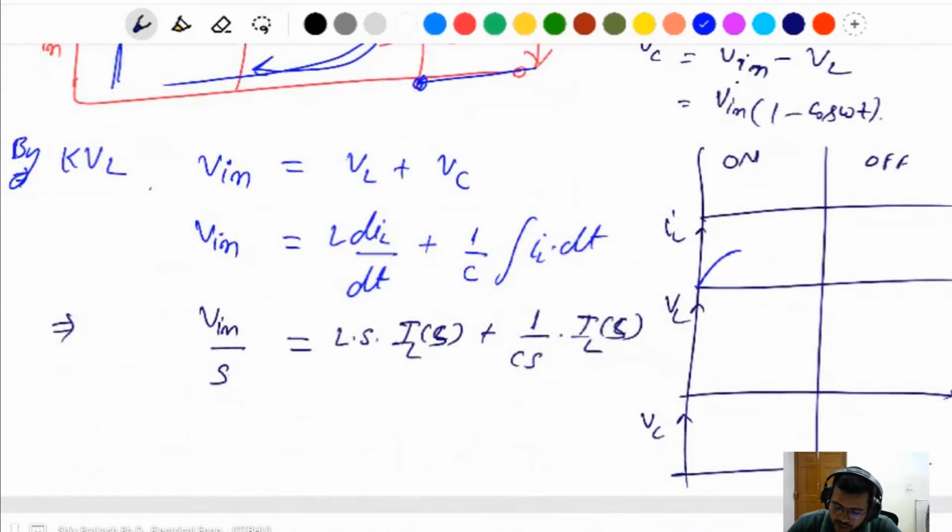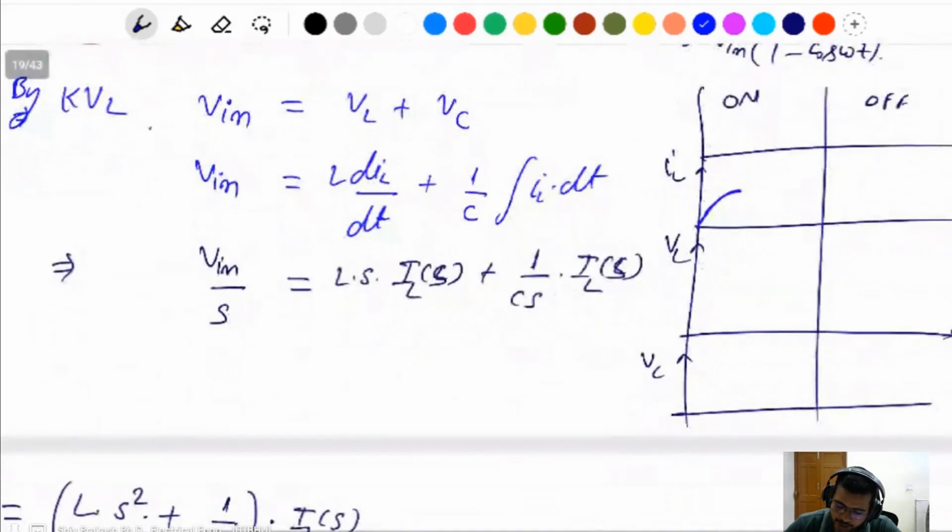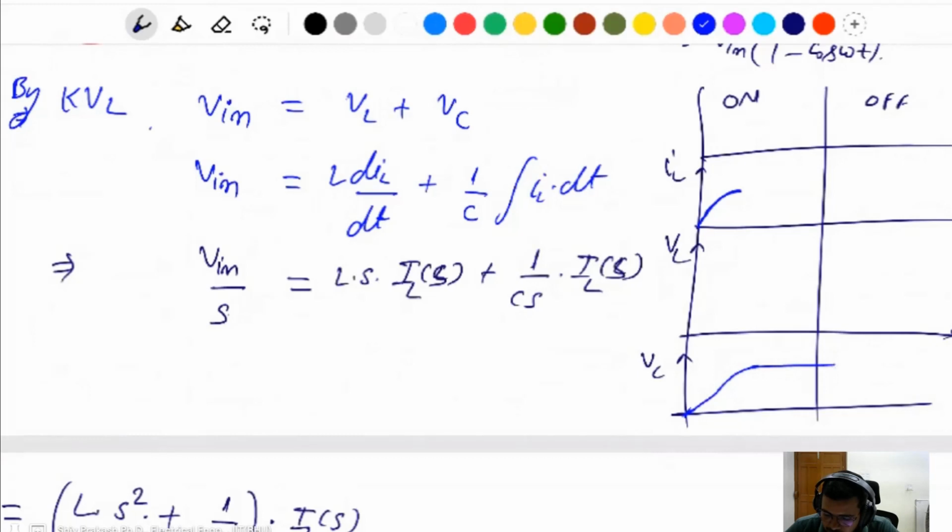IL flows like that in a sinusoidal way until VC reaches Vs. If VC is equal to Vs, then the current will be 0. If the current is 0, then the inductor voltage VL is also 0, like a sinusoidal cosine wave.